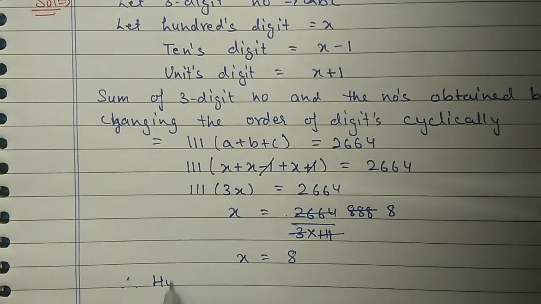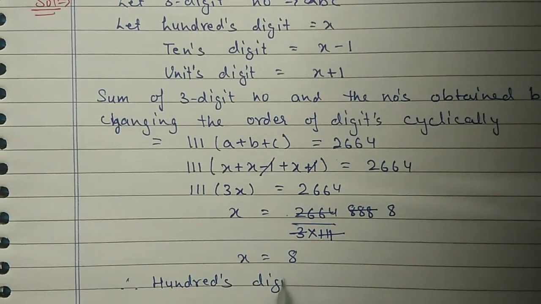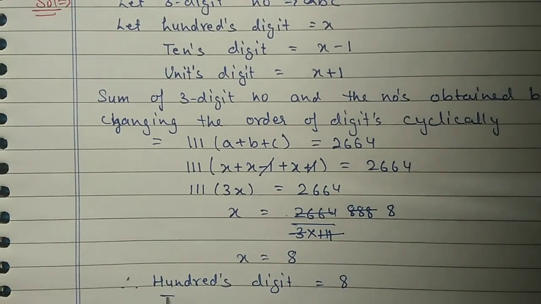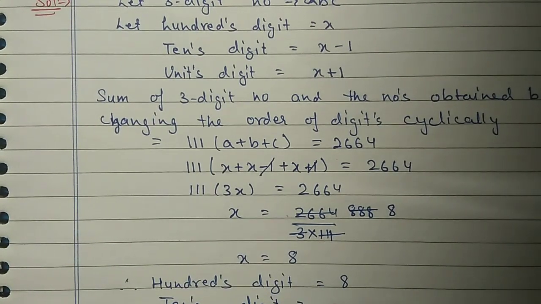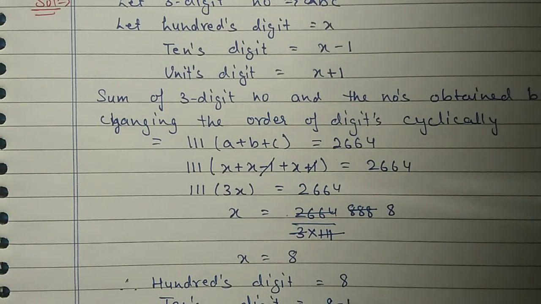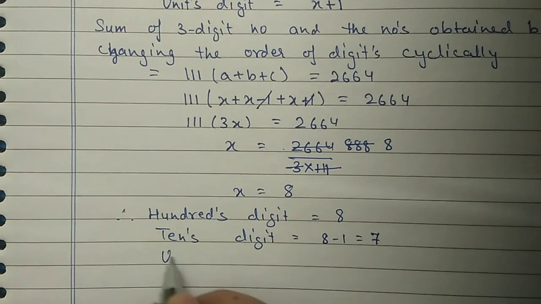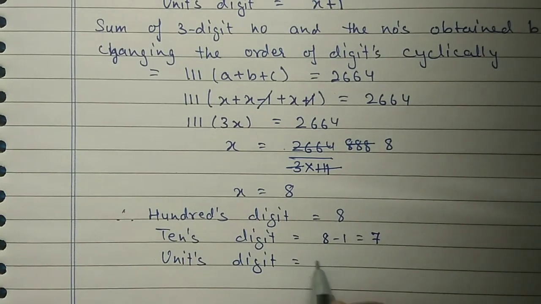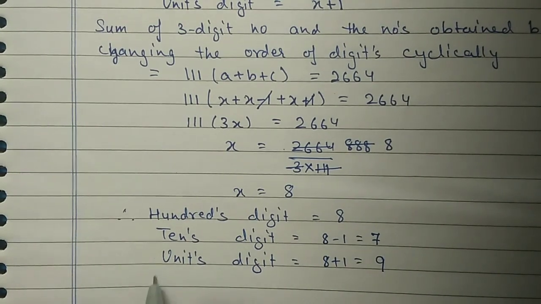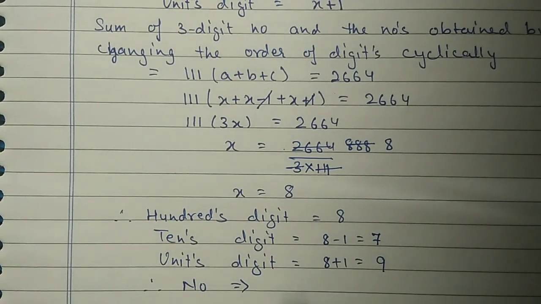So the 100's digit is 8, then the 10's digit is x minus 1, meaning 8 minus 1, which is equal to 7, and the units digit is x plus 1, meaning 8 plus 1 equal to 9. Therefore the number is equal to 879.